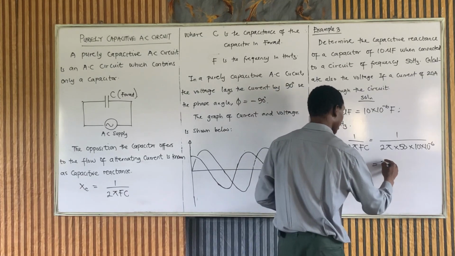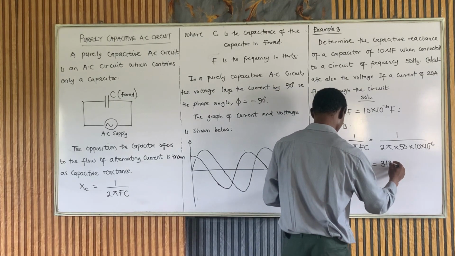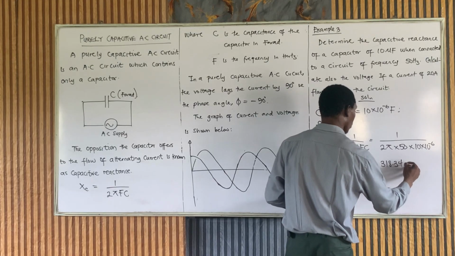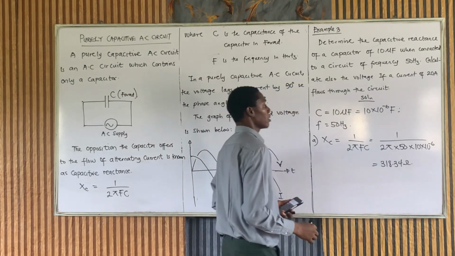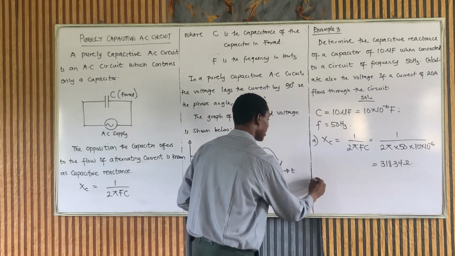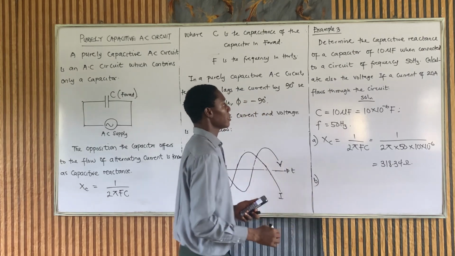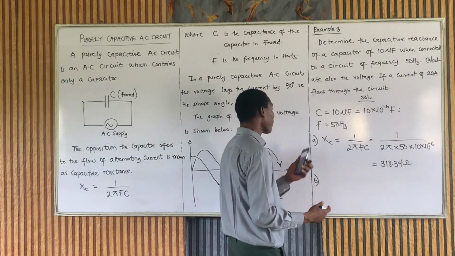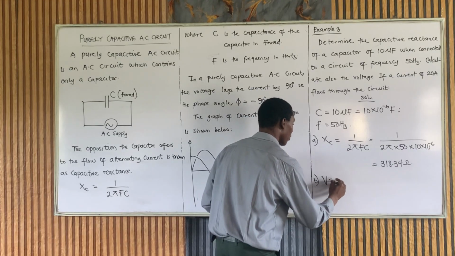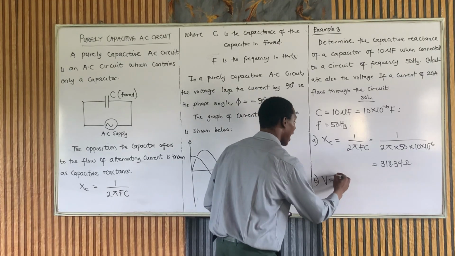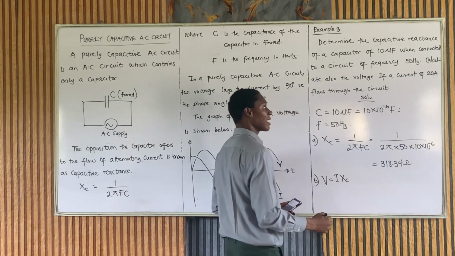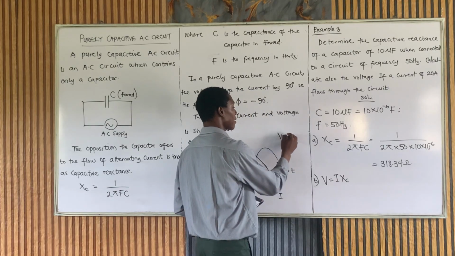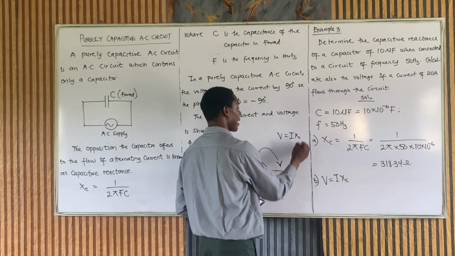So this will give us 318.34 ohms. Then the next one we have to get is the voltage. Now, Ohm's law applies here as well. V is equal to, but not IR now, but IXC. If it's an inductor, it will be V is equal to IXL.